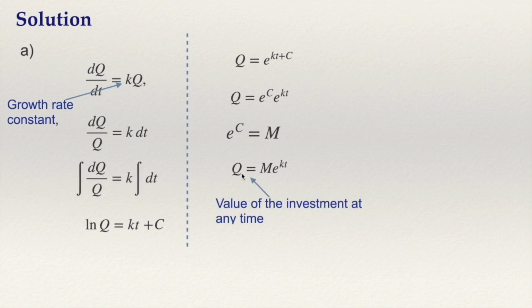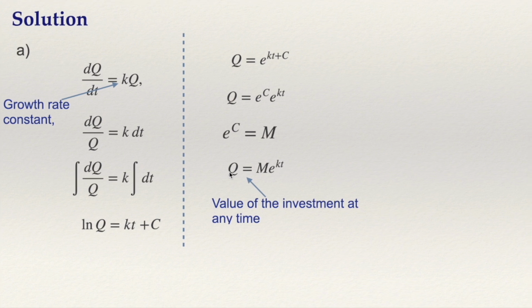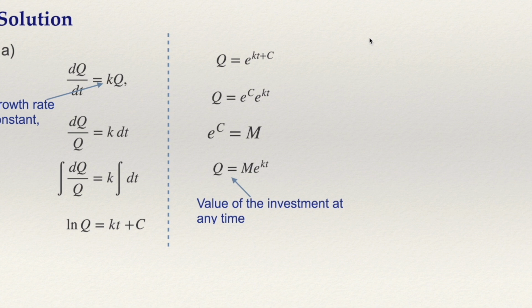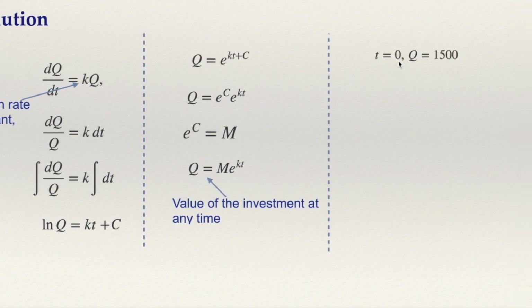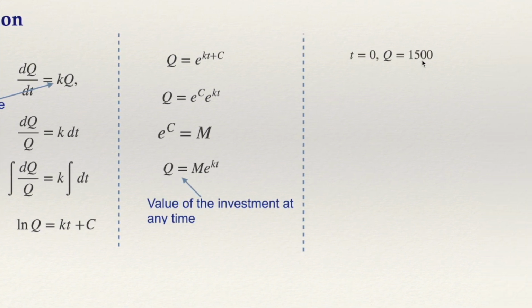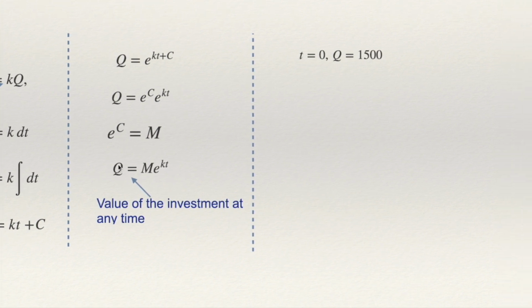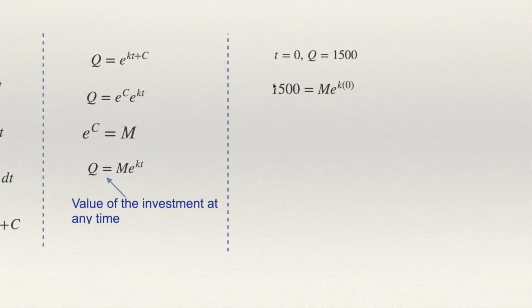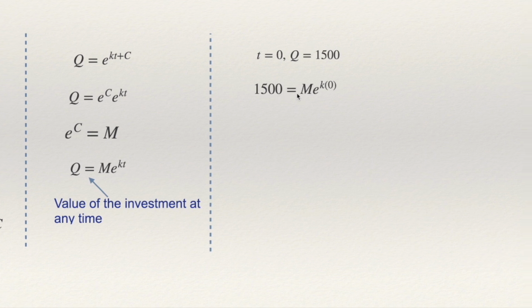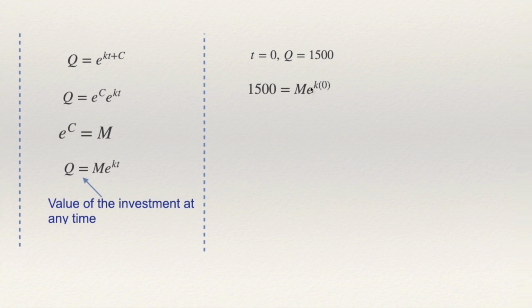See, this value of q is the value of the investment at any time. And we know that when t equals 0, q was 1500. So I'm going to make this substitution. If t equals 0, q equals 1500, so we get 1500 equals m e to the power k multiplied by 0.